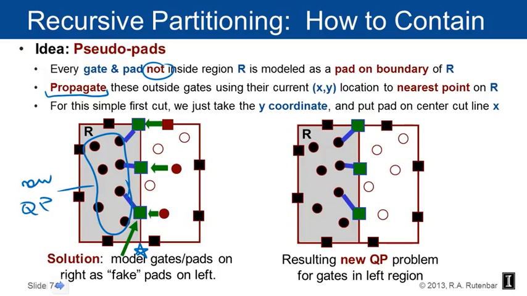So by propagating the gates and pads outside the region to the boundary of the region, we get a quadratic placement problem that has the property that when we solve it, the gates will stay inside, and they will still respect the fact that there's some stuff outside that's connecting to them and pulling them to one part or another in the gray box.